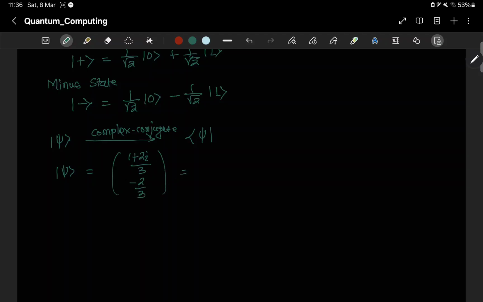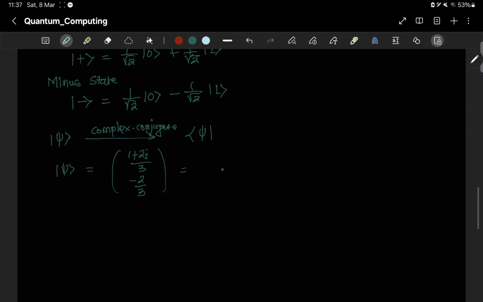So if this is our state, then our bra of psi will be a row vector with the complex conjugate components here, right? So it was plus, it will become minus, and there is no imaginary part, so it will remain the same. So this will be our bra, and this we denote as psi dagger. This will become the bra. This is a little bit about notation.